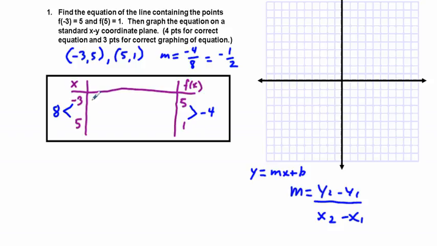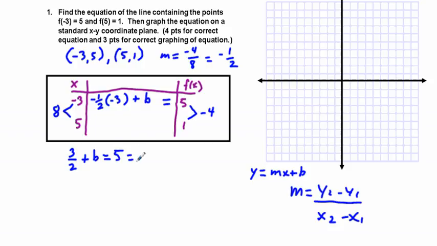But m is -1/2 times x is -3, plus b, which we do not yet know, is equal to 5. And I'm just going to bring this below here. We're going to have -1/2 times -3 is going to be 3/2 plus b is equal to 5.